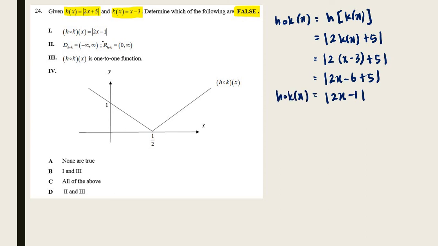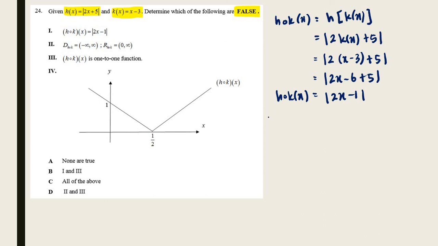Alright, so look at the next statement that we have that is related to the domain and range and also the graph of this function. Since this is an absolute value function, we understand that the minimum point, the vertex, will be at 2x minus 1 equals to 0.